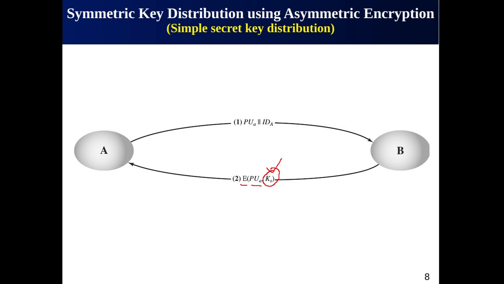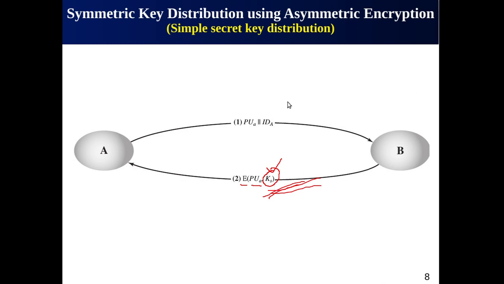Because only A can decrypt this message, only A and B will know the existence of this secret key. After that, A will discard the public key because there is no more need to use this public key and the private key as well. What they need for communication is this KS. So they will encrypt all the communication by using this secret key.